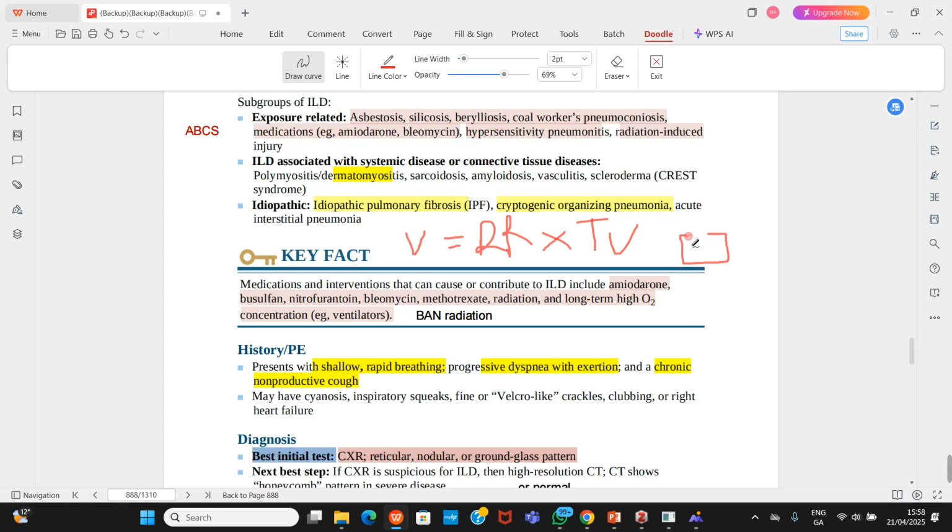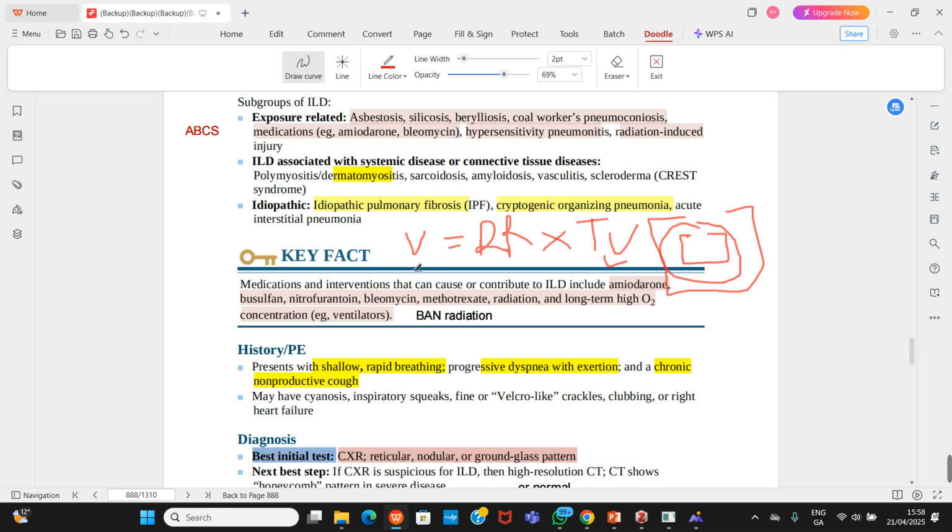So if this is somebody's normal lung, this is going to be the lung of somebody with ILD. It's going to be shrinking. It means that this volume already is reduced. So this lung has a very little capacity for tidal volume, because the volume is already reduced.